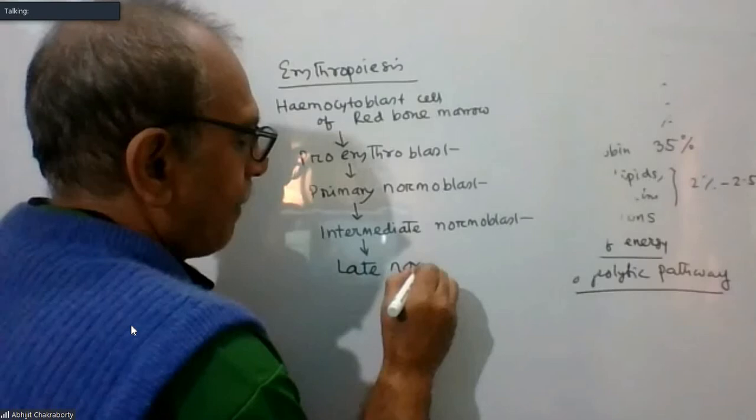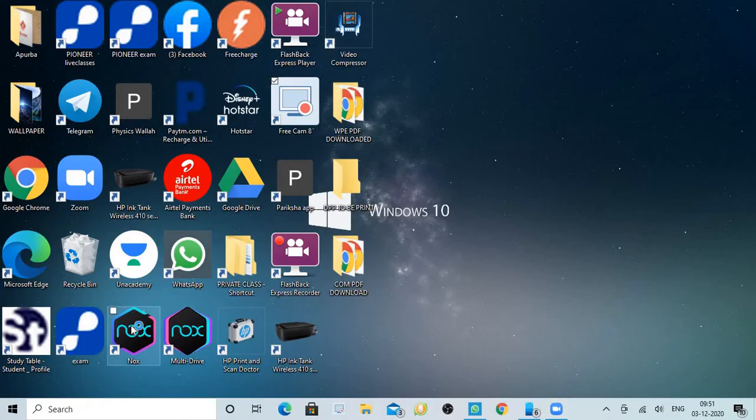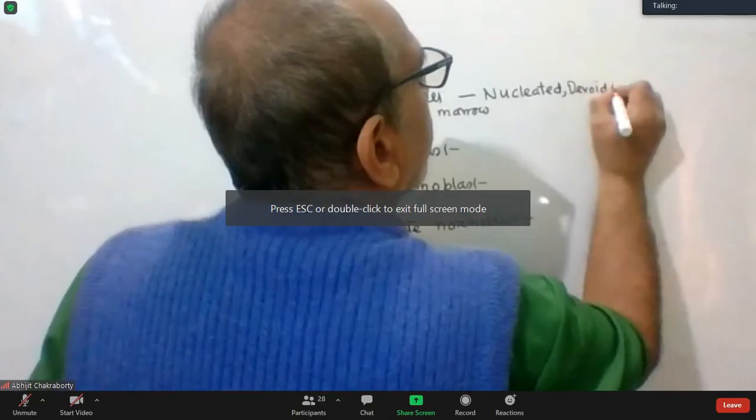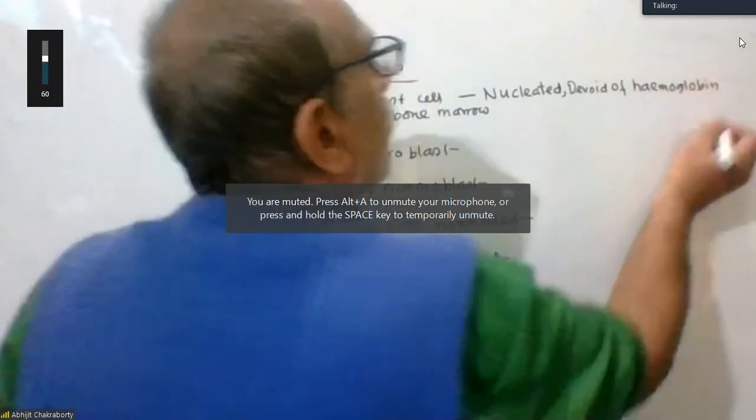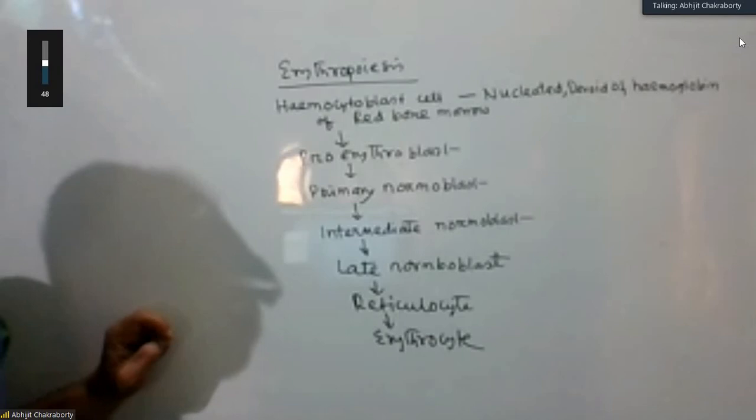Reticulocyte. Nucleated and devoid of hemoglobin. Which one? Hemocytoblast cell.